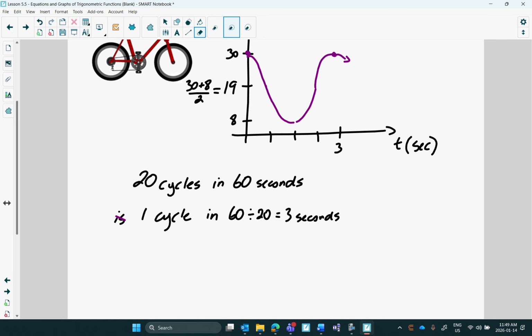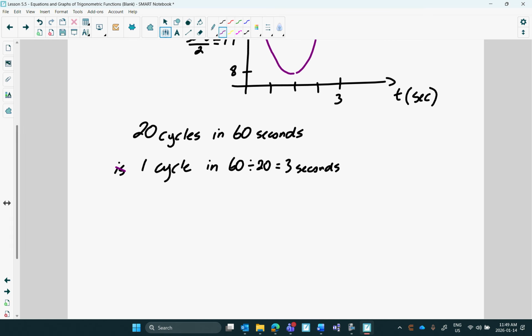Okay, so let's get the equation. K, A, B, H. There's no shift. There's no horizontal shift. Midline? 19. Amplitude?